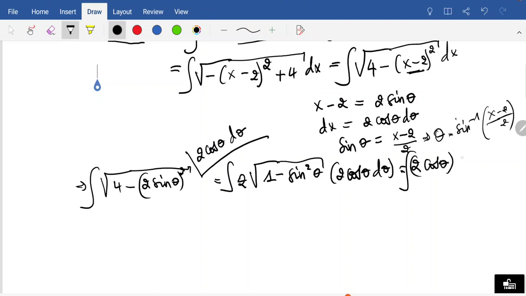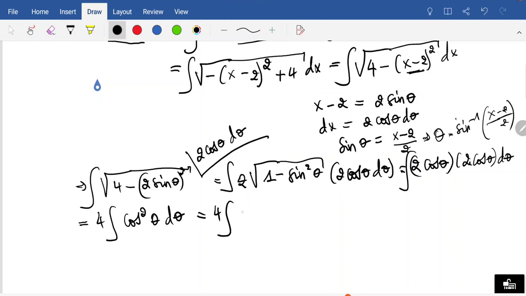So I have 2 cos multiplied by 2 cos d theta, and that just gives us 4 multiplied by the integral of cos squared theta d theta, which is equivalent to 4 multiplied by the integral of half multiplied into 1 plus cos 2 theta d theta.